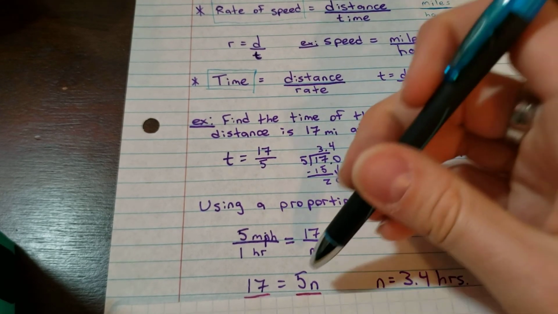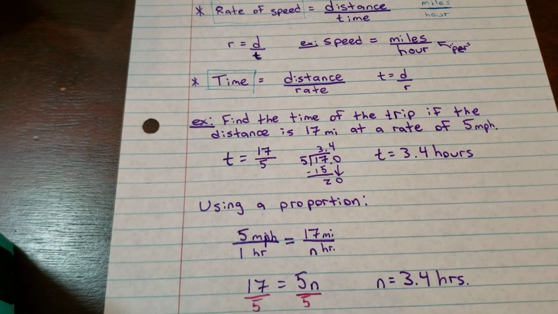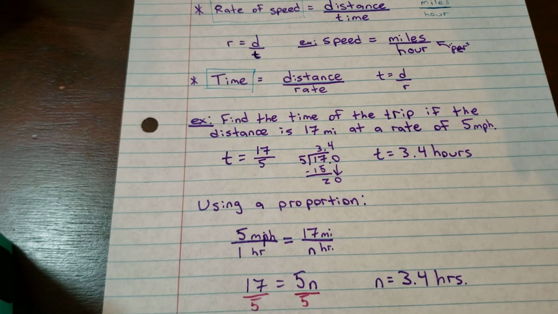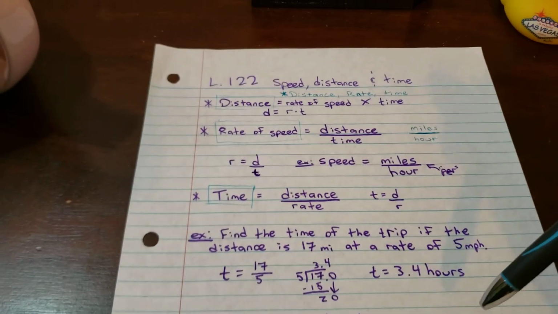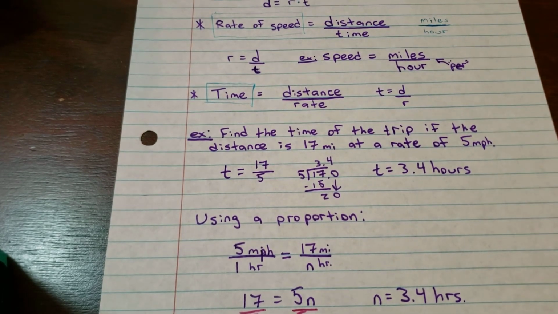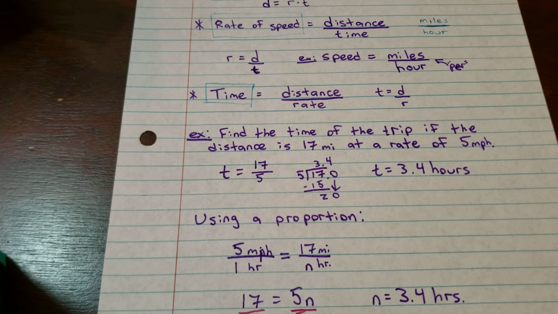Divide by 5 to get my variable all by itself, and we end up in the same place. If the proportion works better for you guys, use it. If these formulas work better for you, use them. Do what you can to solve these problems the best way for you.